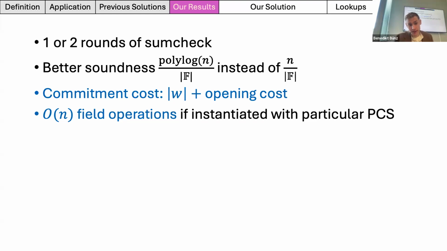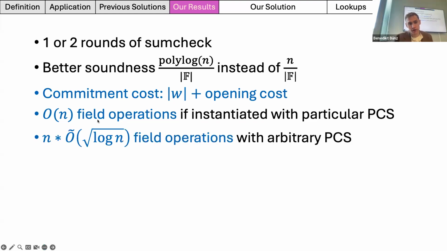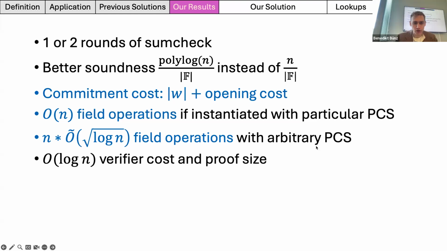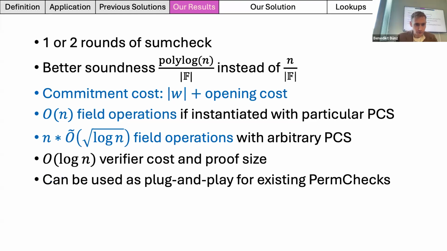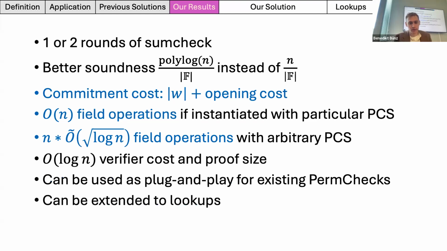But that's not all PCSs. So we also have one that is n times square root log n, with some log factors, which works with any arbitrary PCS. Both have a log n verifier cost and a log n proof size, and can be used as plug and play for existing permutation checks, and as I highlighted before, can be extended to lookups.